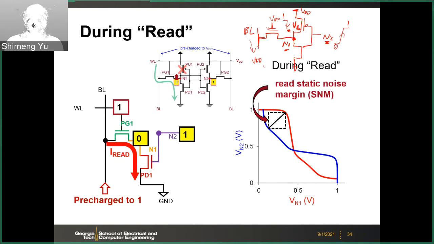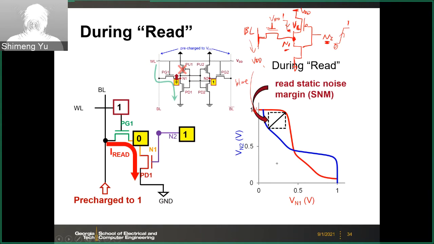Why? Because of the voltage increase that we discussed earlier for the N1 node. The N1 node won't be 0 because you have the current through PG1 and PD1. So the N1 voltage is raised up a little bit, and you will get a VL voltage. So as you change the butterfly curve, you will get a low Vn1 voltage. Here I think this circuit corresponds to the blue curve.